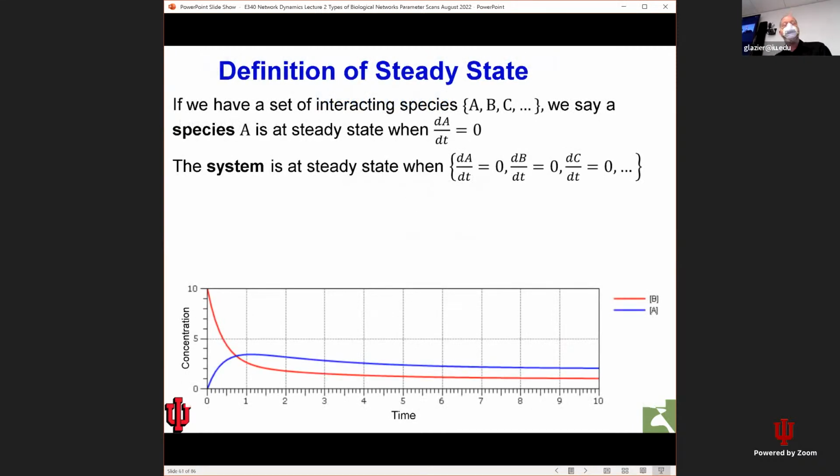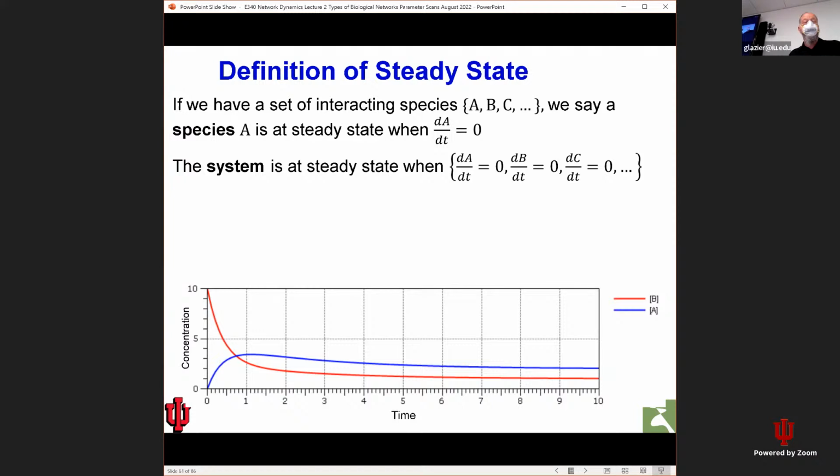And so now I want to define something which is a very important concept, which if you're taking something like Randy Beer's class, you'll talk about a lot. Here, the mathematics gets kicked a little bit later in the textbook, like chapter 12, which is a steady state. And we say that we're in a steady state if all of the concentrations of A, B, C, D, whatever we have, are such that the rate of change of A, B, C, and D is 0.